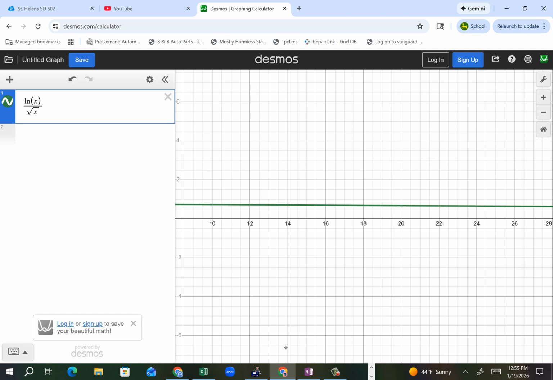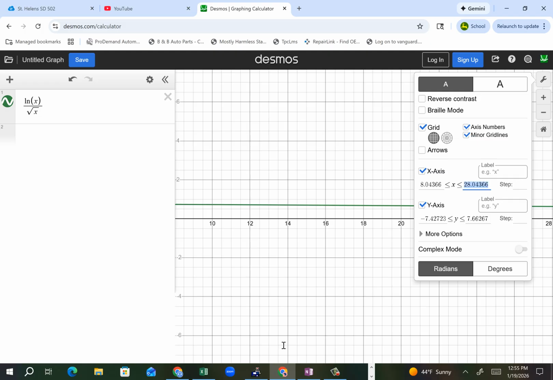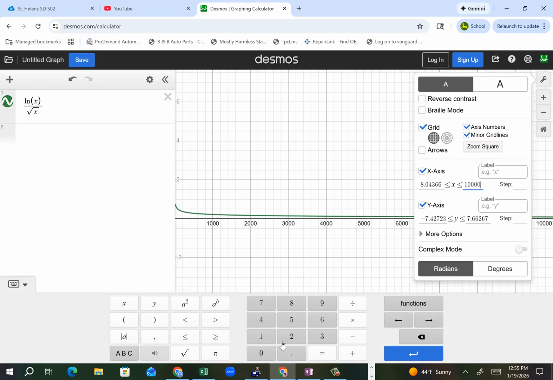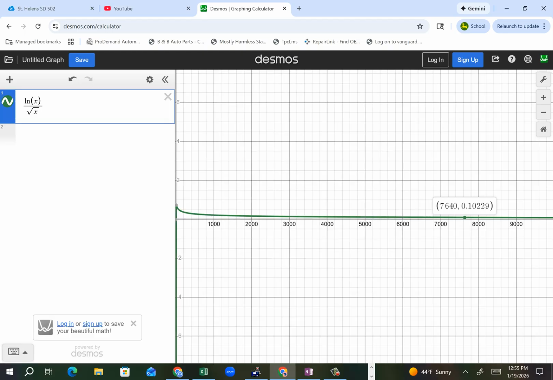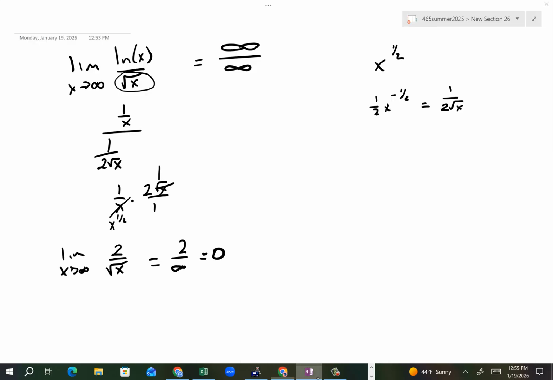Let's go out there around x equals 10,000 or something. Oh, my. Yeah, we're going to 0, aren't we? Is that what I said? Yeah, buddy. Sometimes you have to get out there a long ways. Because remember, even if x equals 100, how close to infinity is that? Well, not very. So sometimes you have to get out there a ways before you figure it out.